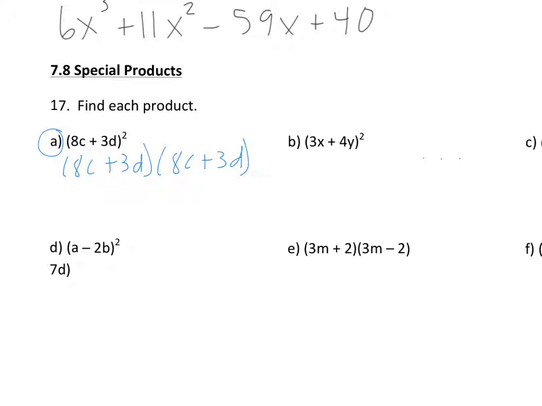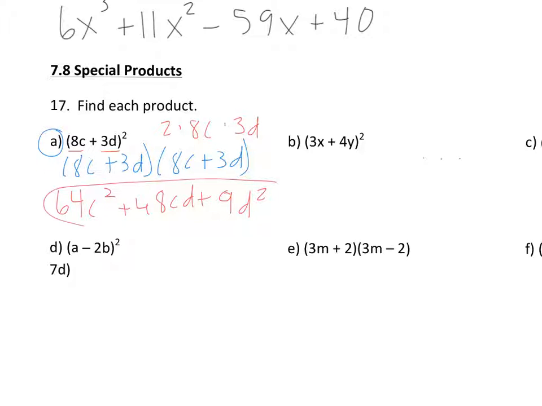So this is where you square your first term and get 64c squared, square your last term and get 9d squared, and then your middle term is 2 times your first term times your last term, and 8c times 3d is 24cd times 2 is 48cd. And that's my final answer.